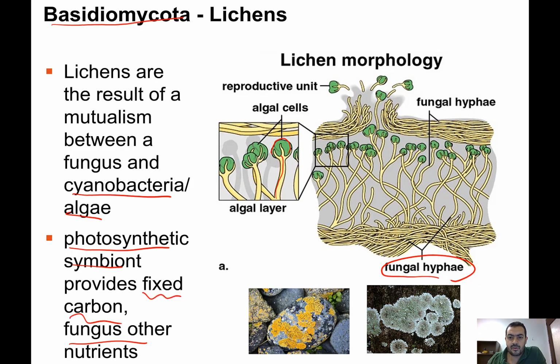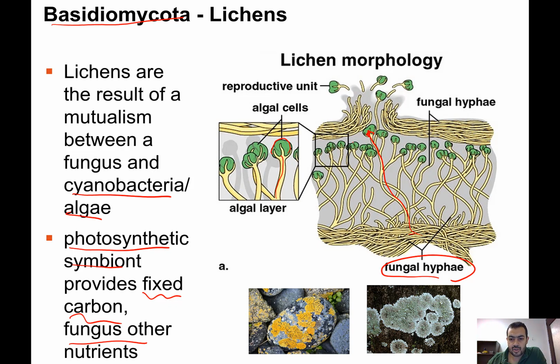Why? Because they are autotrophs. Algae and cyanobacteria can produce their own carbon compounds, so they give it to the fungi in return for different nutrients being absorbed by the hyphae of the fungi and given to the photosynthetic symbiont.